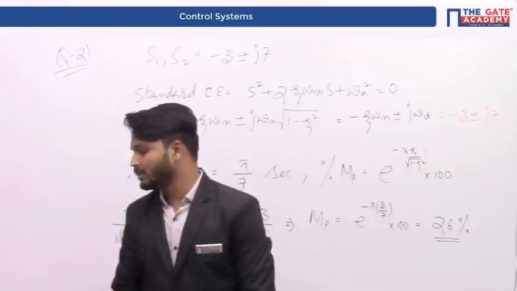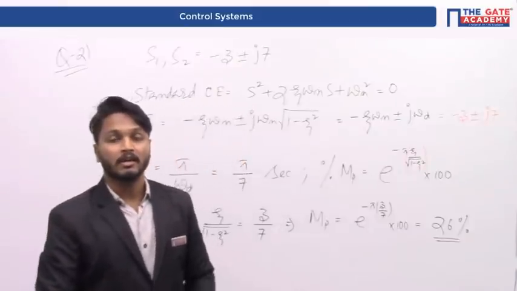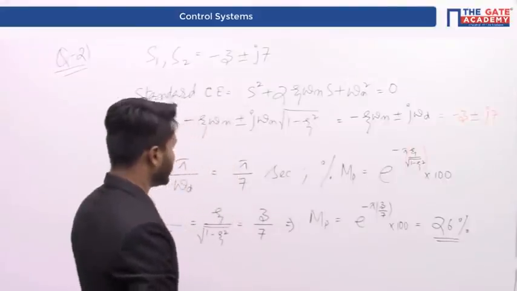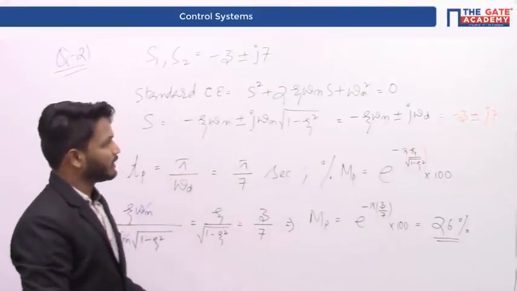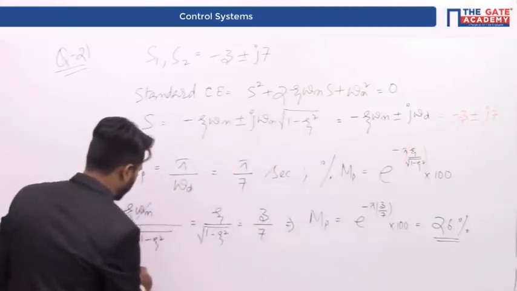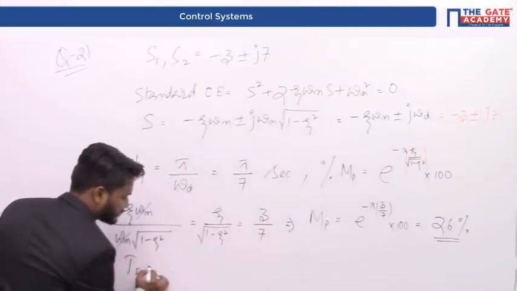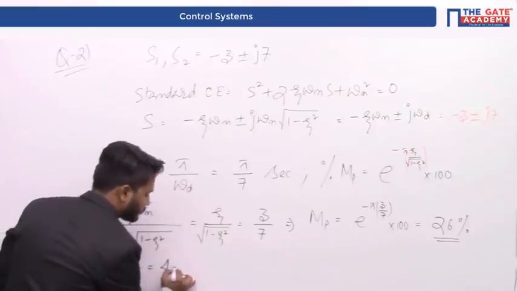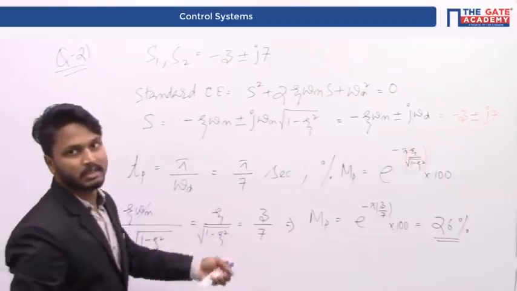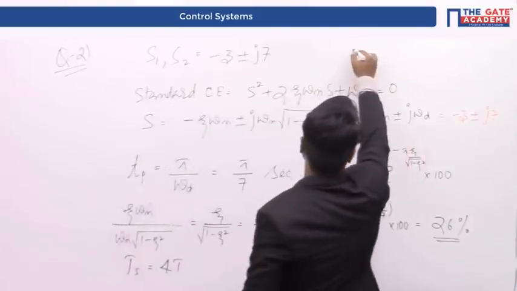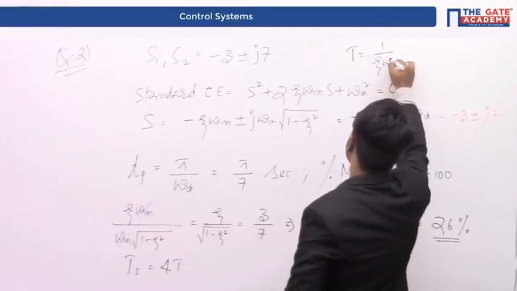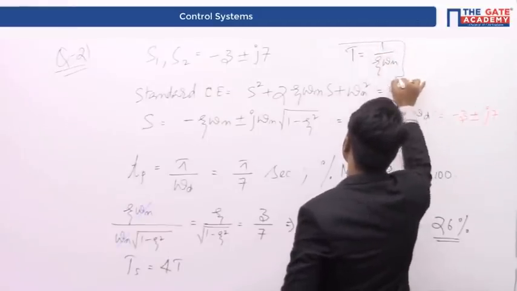And the next parameter that was asked to calculate is settling time for 2% band. So settling time for 2% band is given by 4 times the time constant. T suffix s is equal to 4 times the time constant. Time constant is 1 by zeta omega n.